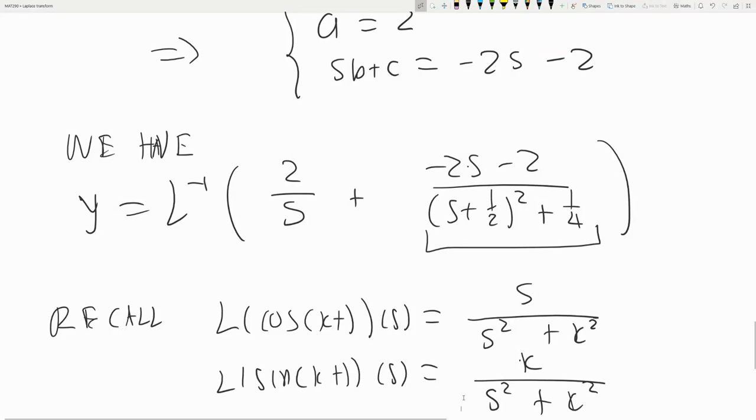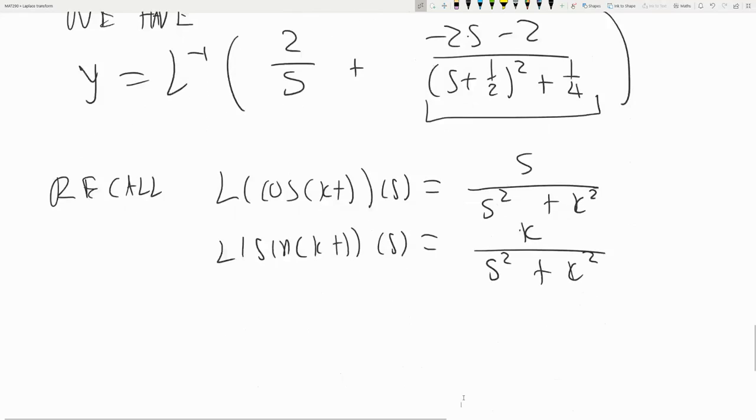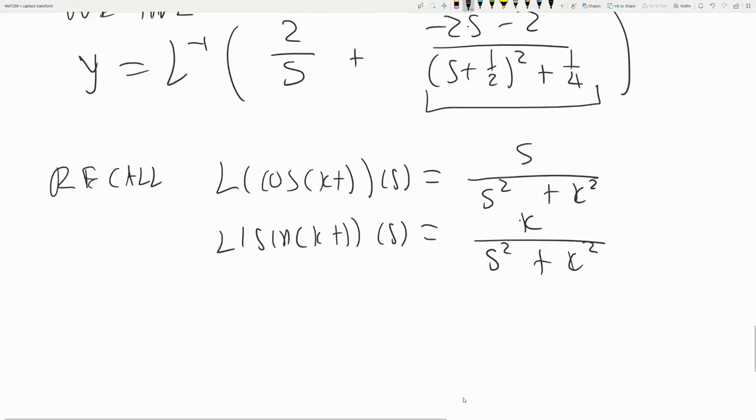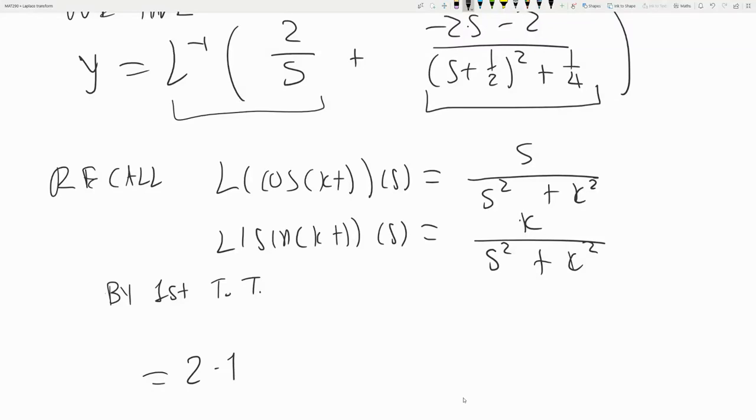Okay. And so if you do translations, by the first translation theorem, we have the following. This guy is fine. So this guy returns to a constant. So 2 times 1. But now we have to split this guy.